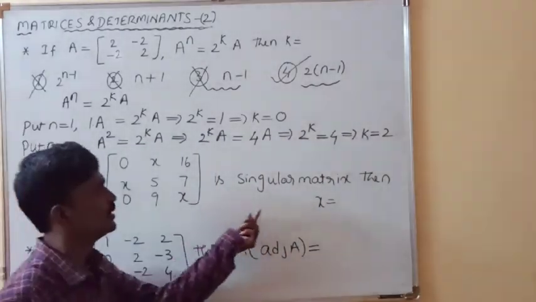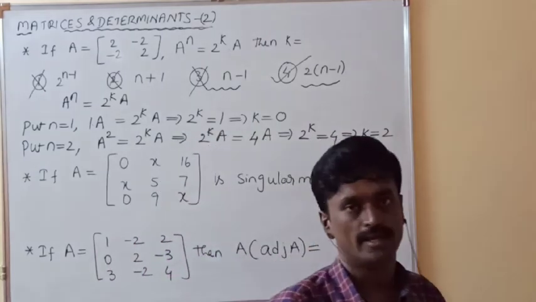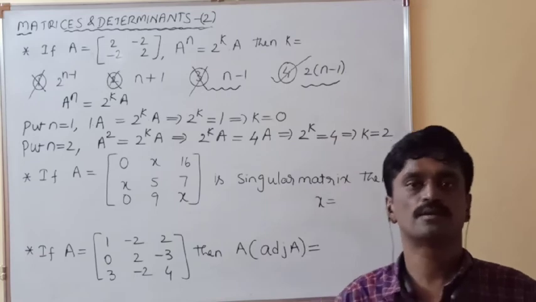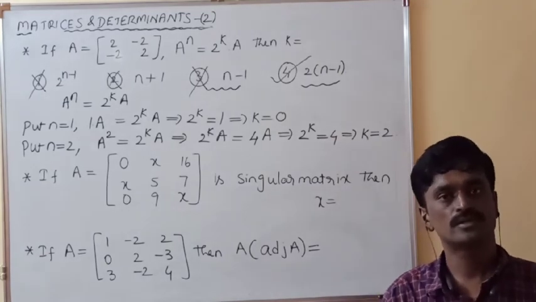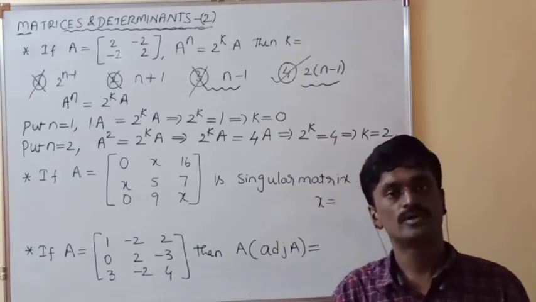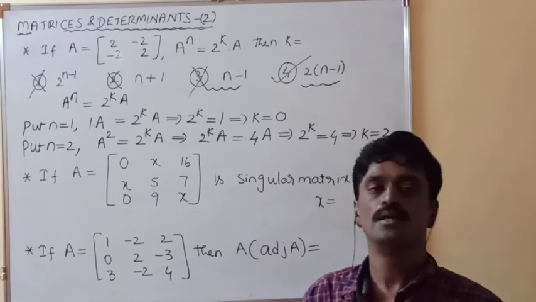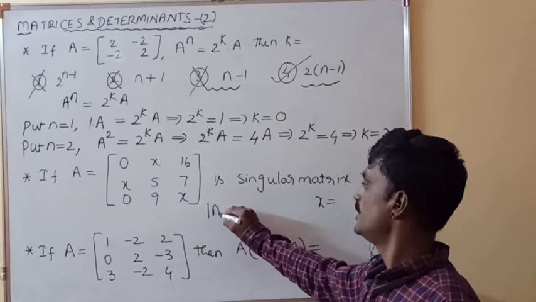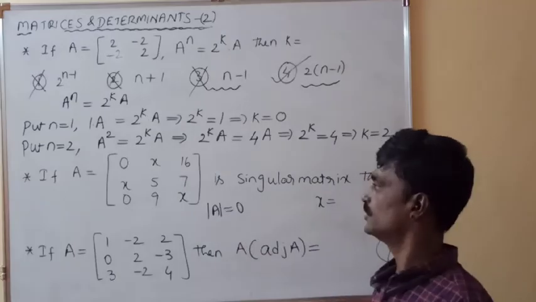Okay, next look at the next problem. A is a singular matrix. Then what is x? What is the definition of a singular matrix? If A is a singular matrix, then A inverse does not exist. A inverse does not exist implies determinant of A is equal to 0. So just use det A is equal to 0.